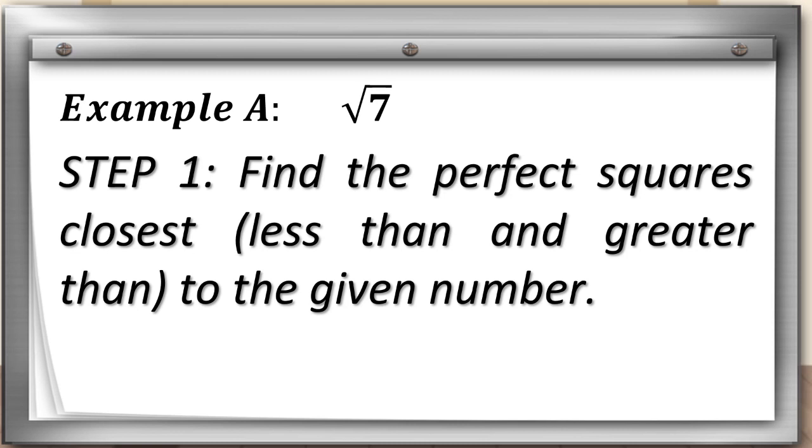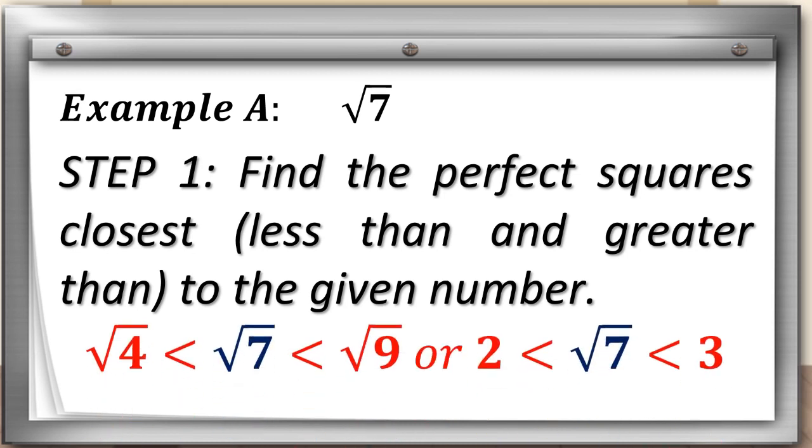Since 7 is not a perfect square, ibig sabihin, ang square root niya ay may decimal places. So, step 1, we need to find the two perfect squares closest to 7. They are 4 and 9. Because square root of 7 is greater than square root of 4 but less than square root of 9.